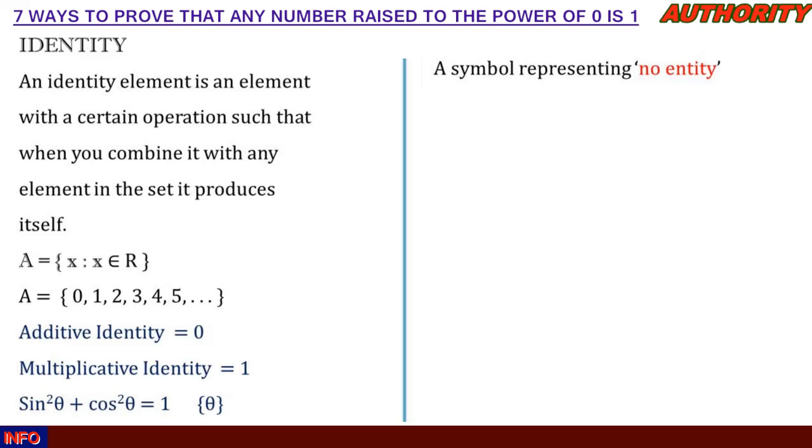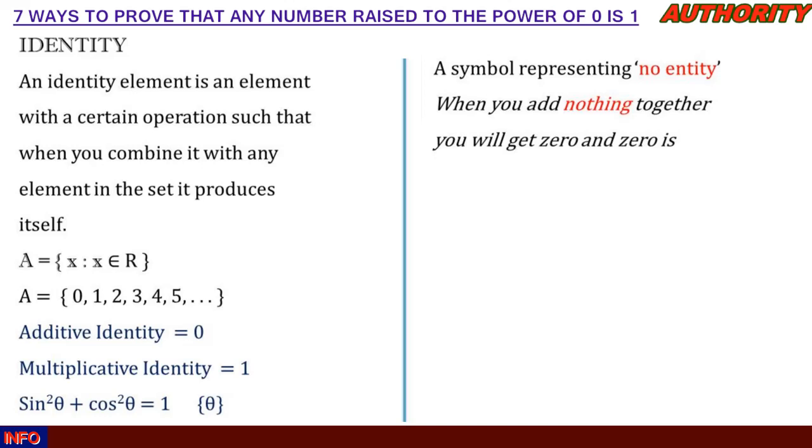Now, let me show you something. When you add nothing together, I'm not saying when you add 0 together, when you add nothing together, you will get 0. Why did you get 0? You get 0 because 0 is an additive identity.